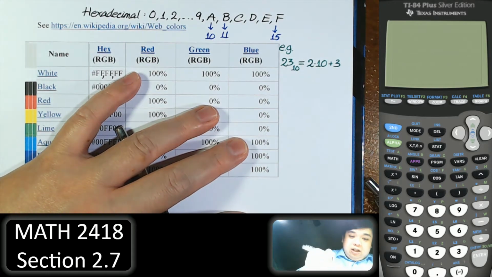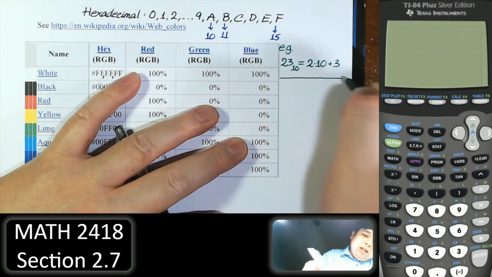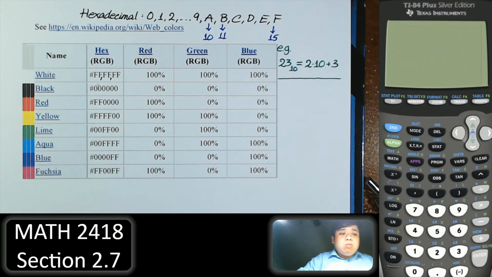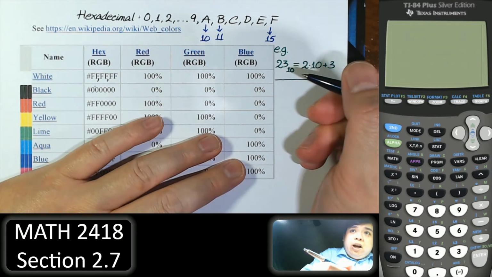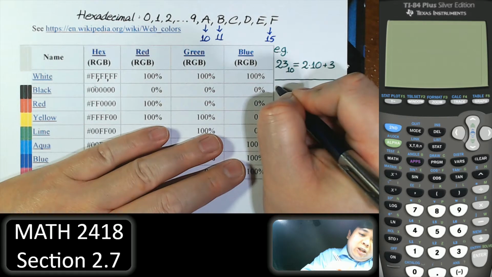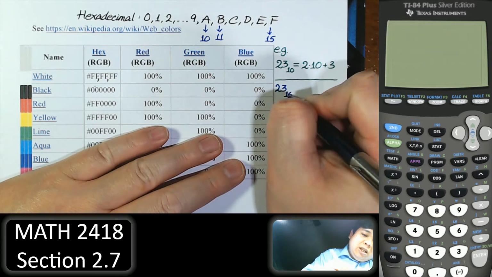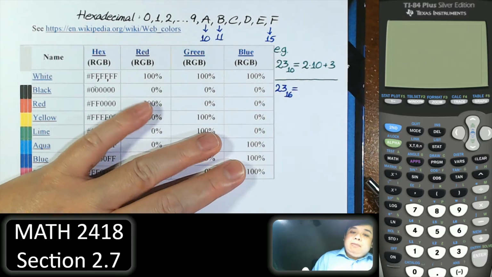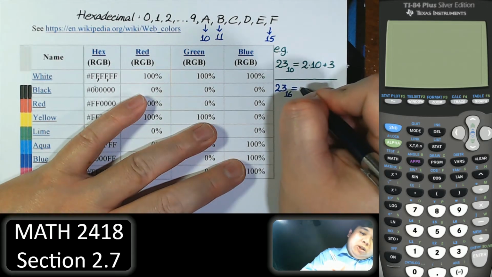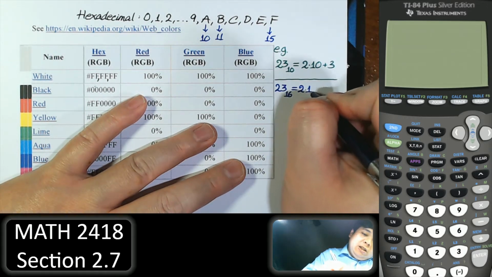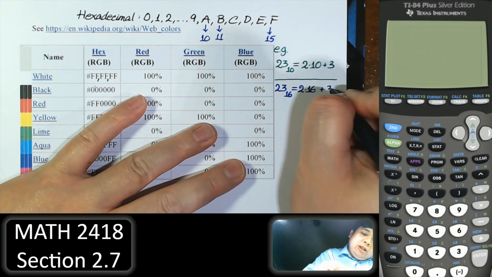Now, if we write 23 in hexadecimal, base 16, it's going to be 2 times 16 plus 3.